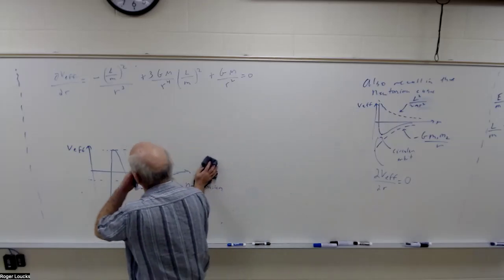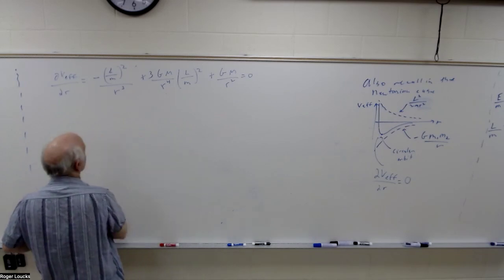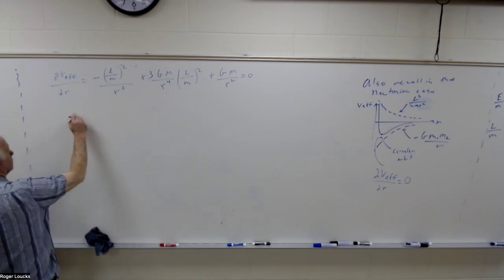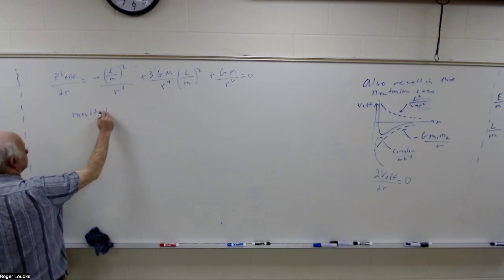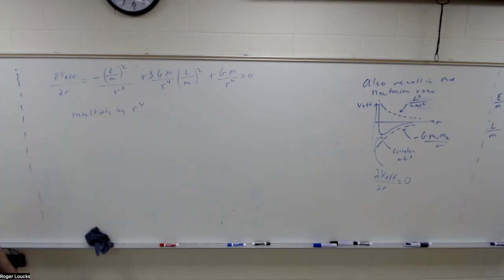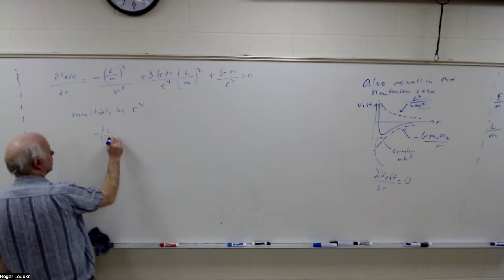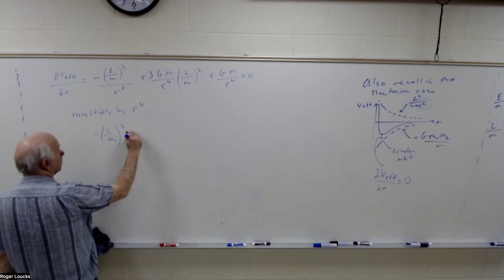Now what I'm going to do is multiply everything through by R to the 4th. This gives me minus L over M squared R squared.